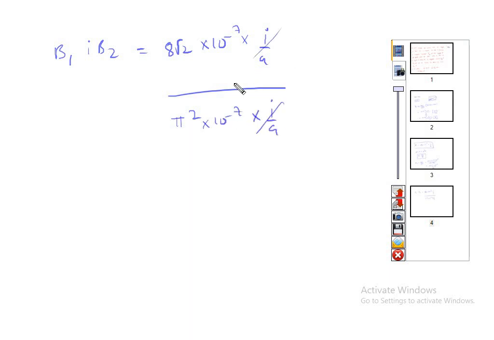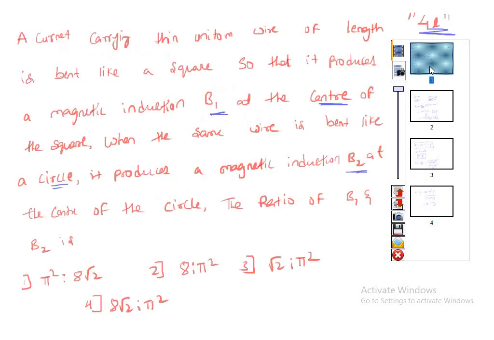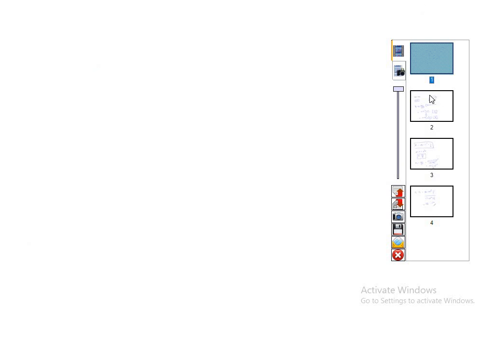So I by a and 10 to the power of minus 7 get canceled. So it is 8 root 2 is to pi square. So this is the final option, 8 root 2 is to pi square. The fourth option is the correct option. Clear? I hope it is clear. So let's get to the next question.